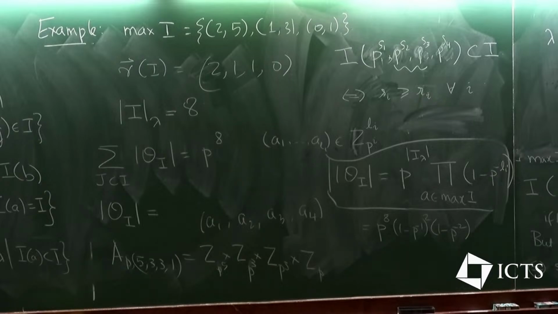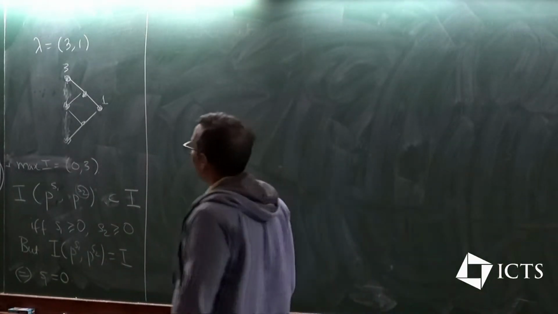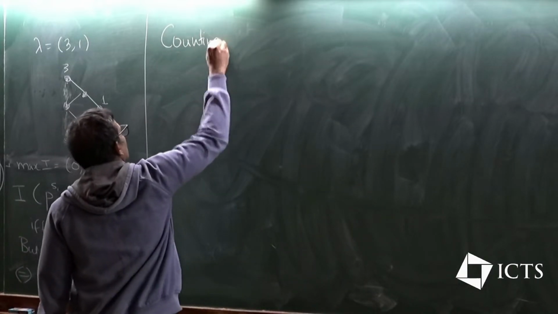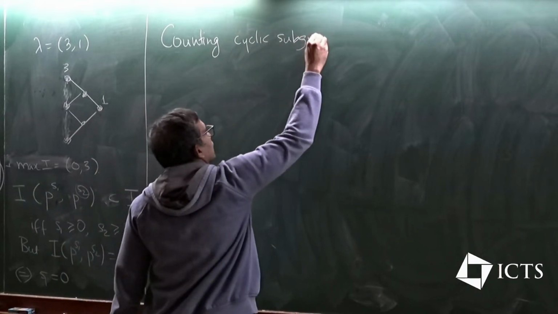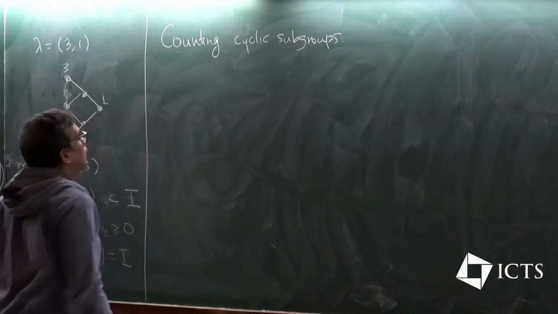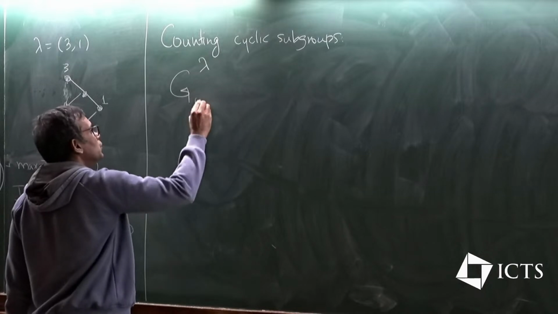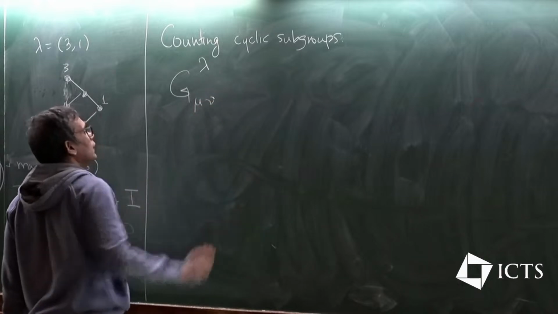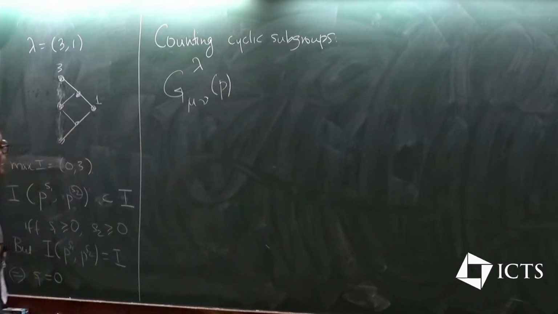This analysis gives us a way of counting subgroups, cyclic subgroups of abelian groups as well. So I'll introduce a notation. G lambda mu nu, let's just write the general thing, and I'll put a p here which I'll sometimes drop.